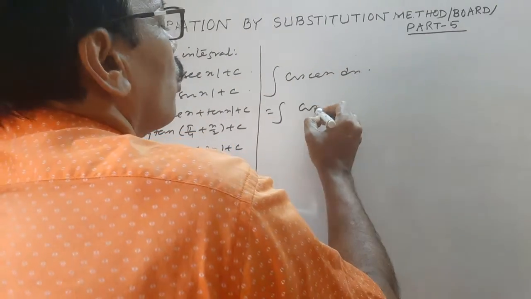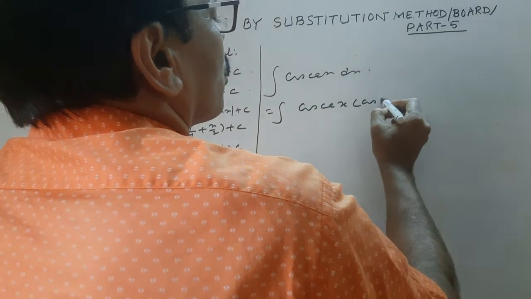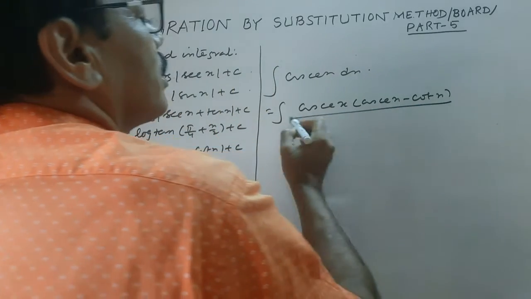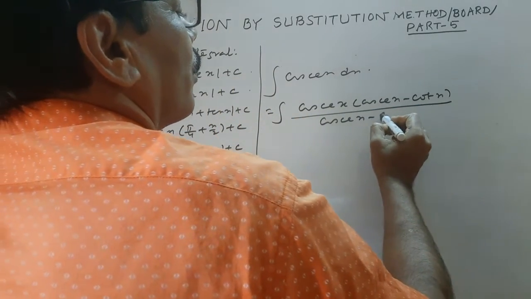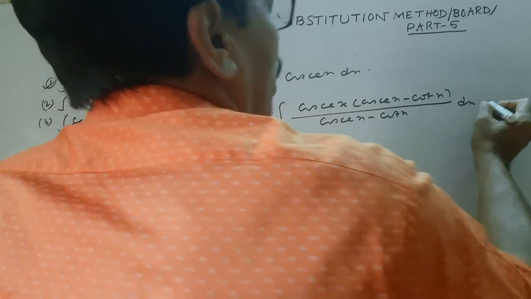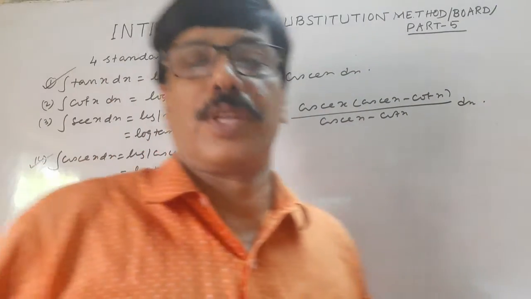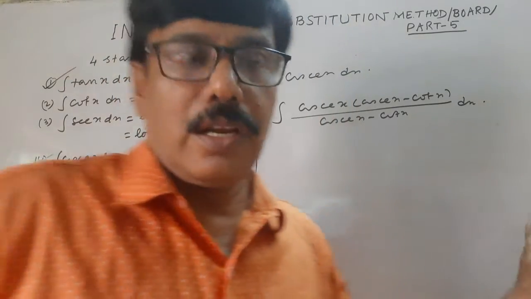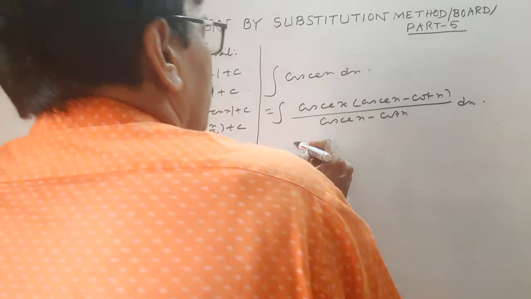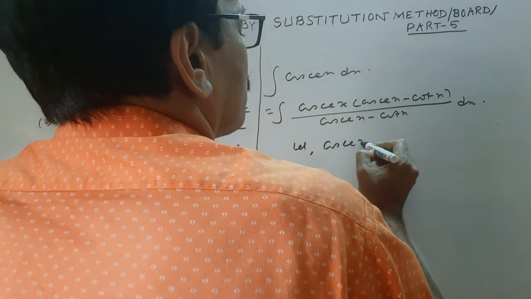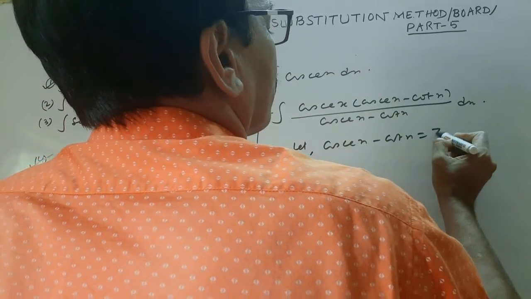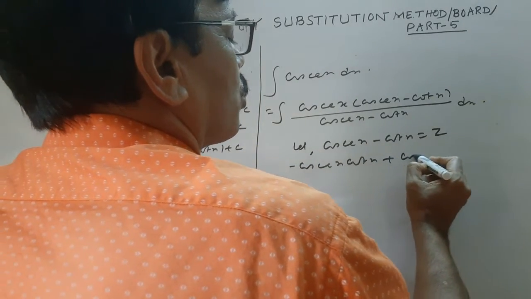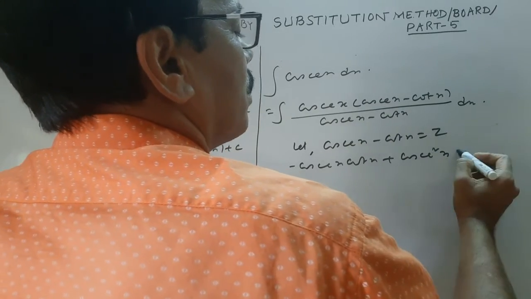So we use this step: we multiply numerator and denominator by cosec x minus cot x. Why we are multiplying it with cosec x minus cot x will be clear in the next step. So let cosec x minus cot x equals z.